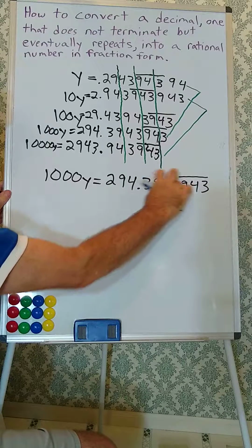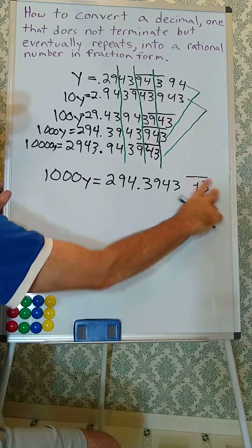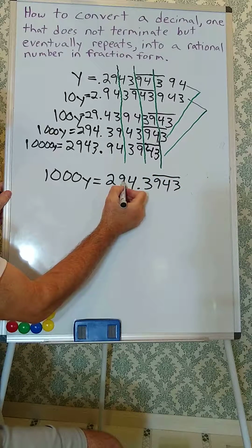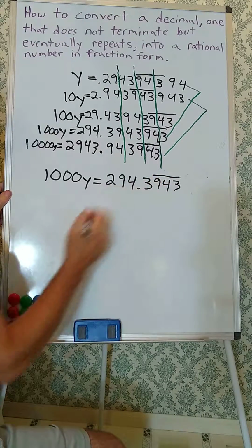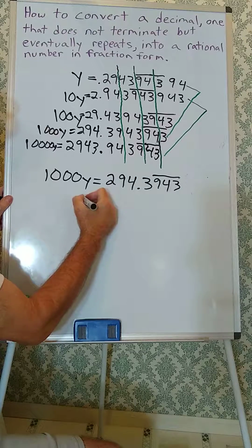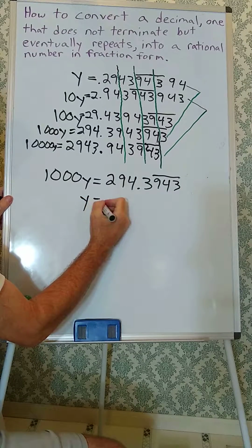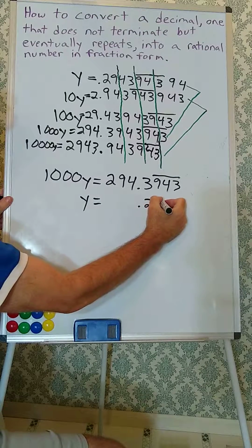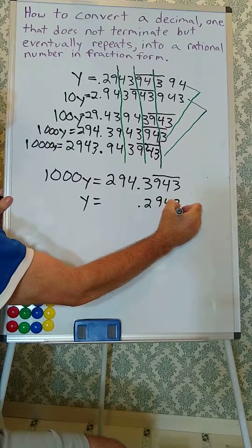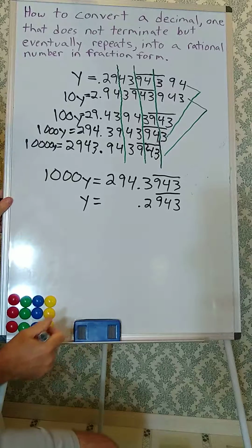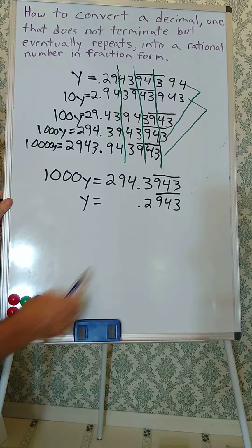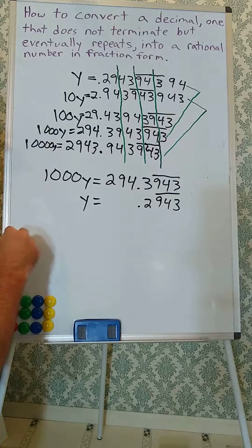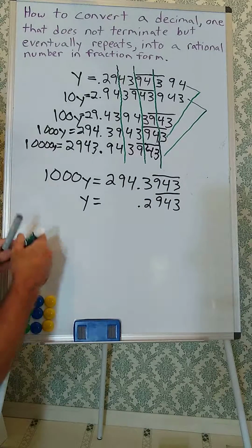We also could have put it, actually, why don't we do that? Okay, so you see the 9, 4, 3, 9, 4, 3 repeating, and then y is equal to 0.2, 9, 4, 3 repeating. And we do see that the repeating part, when we subtract, will be 0 because they have the same value.